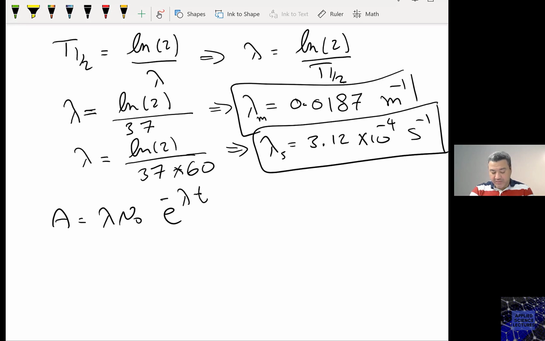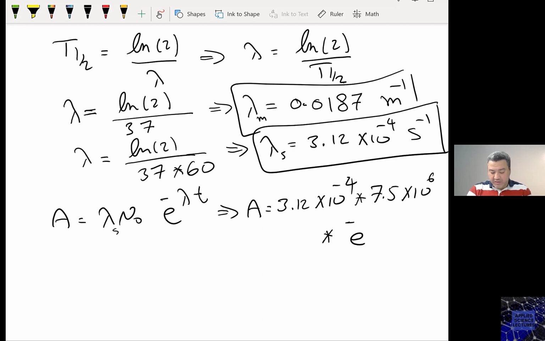So in this case, I have A equals, this one has to be per second, 3.12 times 10 to the power minus 4 times N naught as 7.5 times 10 to the power 6 times e to the power minus 0.0187 times 5.5.